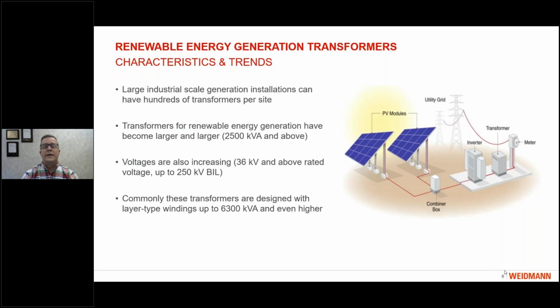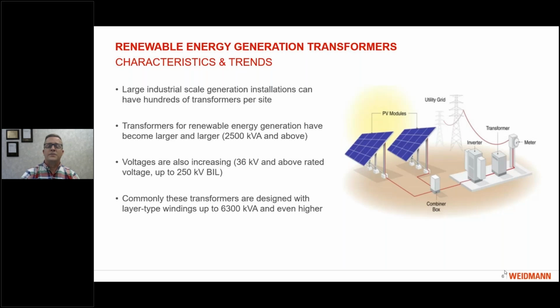Also, voltages and the BIL ratings of these transformers are increasing. Typically these transformers are also constructed with what we call a layer type winding. And some of the bigger ones are approaching even 10,000 kVA and higher. So they're bigger, higher voltage, and typically layer winding transformers.